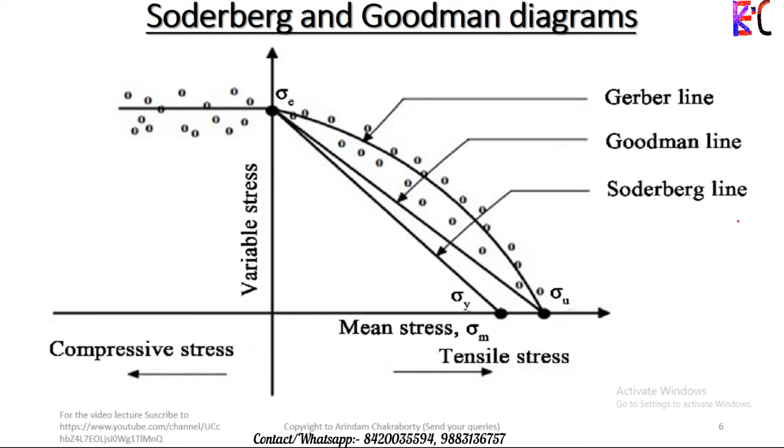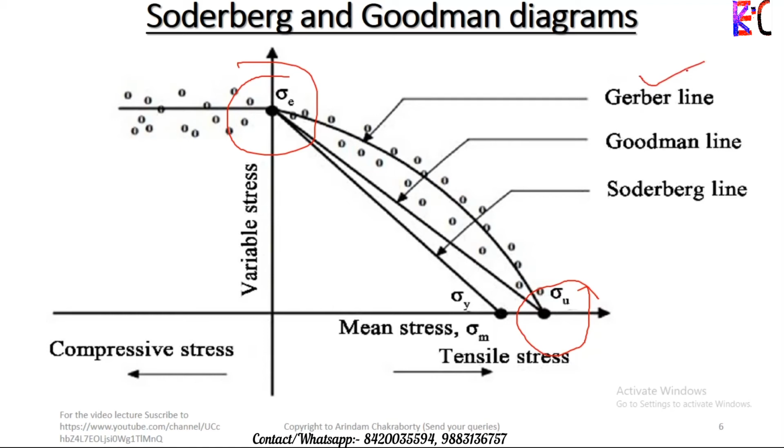They did a rigorous number of experiments and they gave one theory that if you design following this curve, a curve which starts from endurance stress and ends at ultimate stress, you will be finding a safety design criteria.